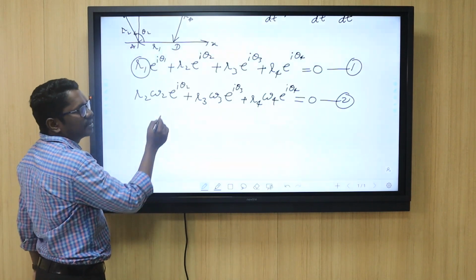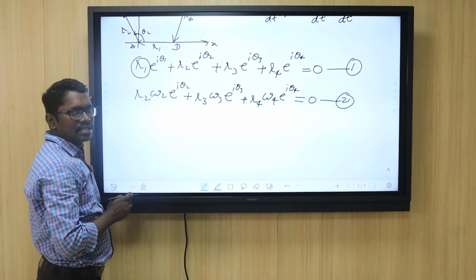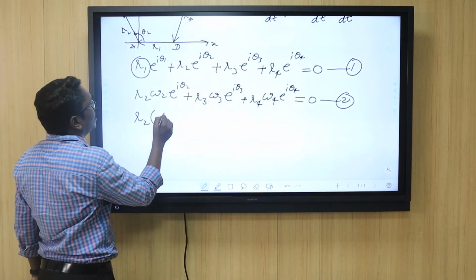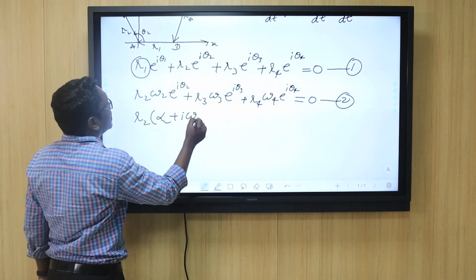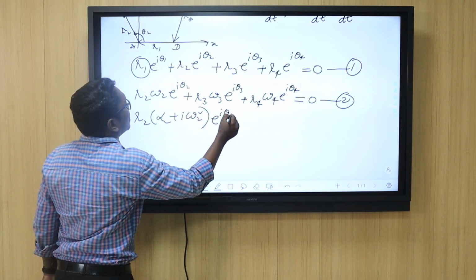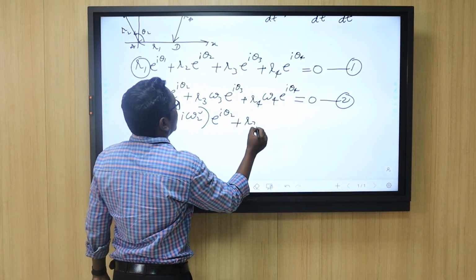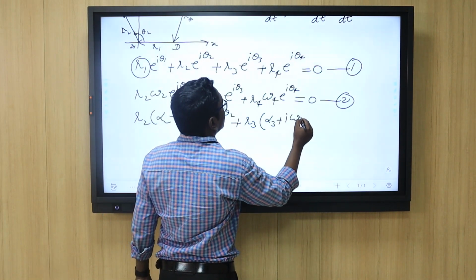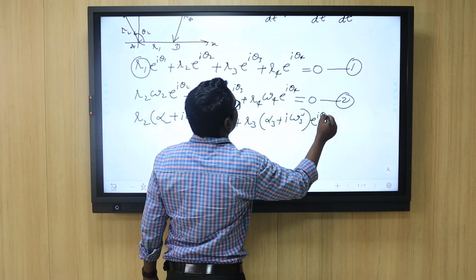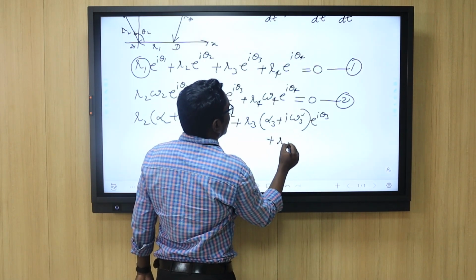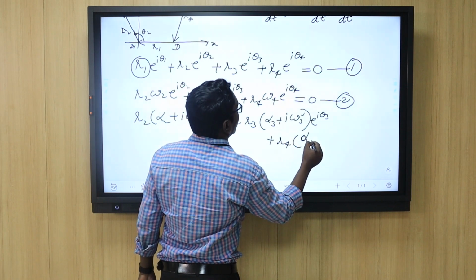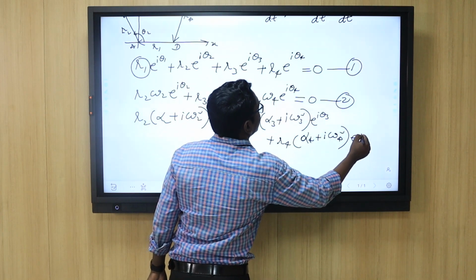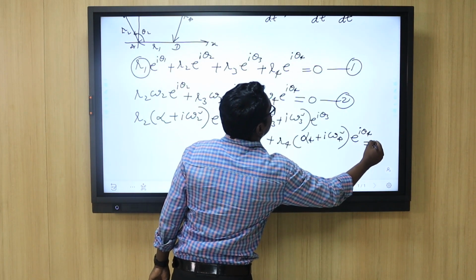Okay, so now again differentiate the second equation with respect to time t, so that we will get the acceleration relation: r2 (alpha 2 plus i omega 2 square) e^(i theta 2) plus r3 (alpha 3 plus i omega 3 square) e^(i theta 3) plus r4 (alpha 4 plus i omega 4 square) e^(i theta 4) is equal to 0.